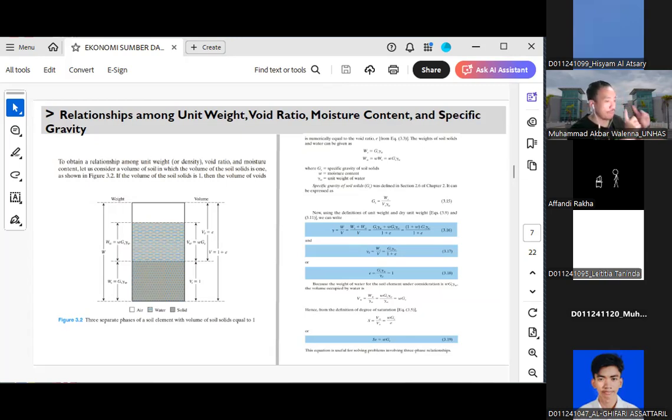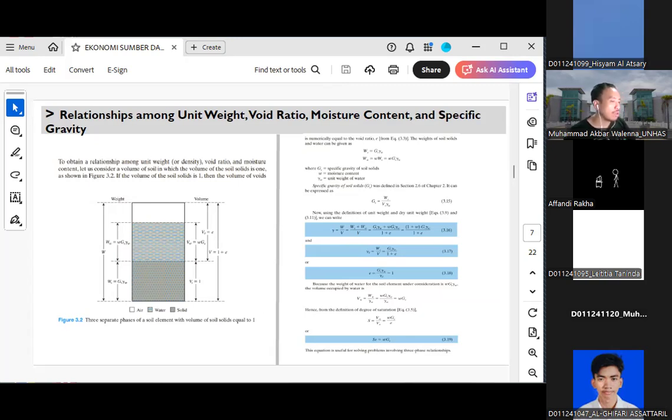You can tell that from the structure of the formula, because they are not positively related; they are negatively related. To reiterate, when the void ratio increases, it will decrease the unit weight.